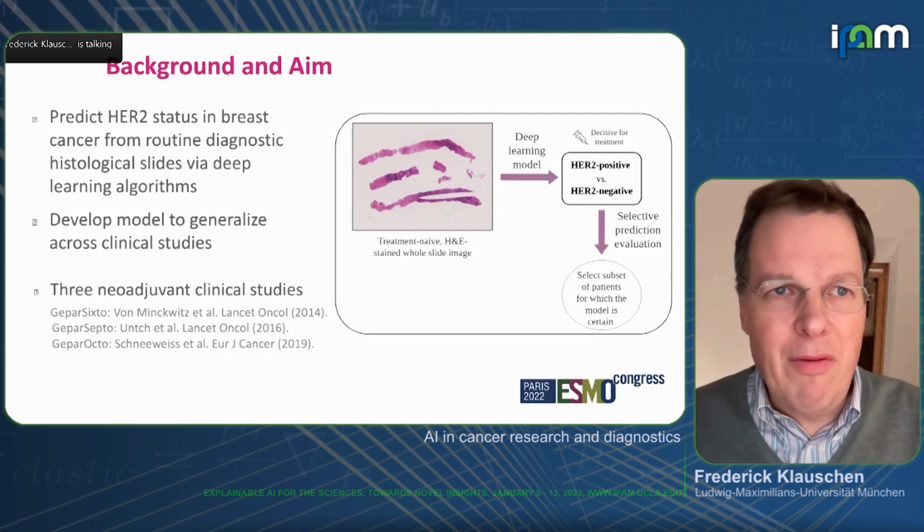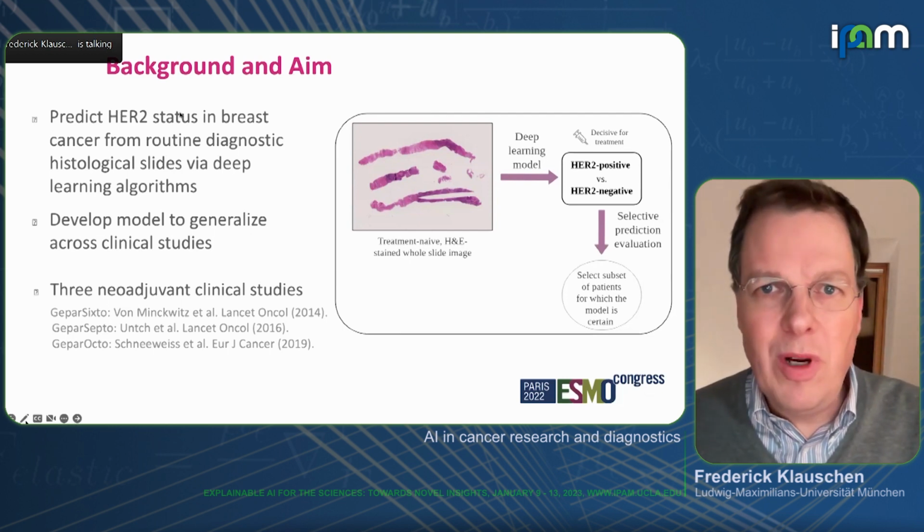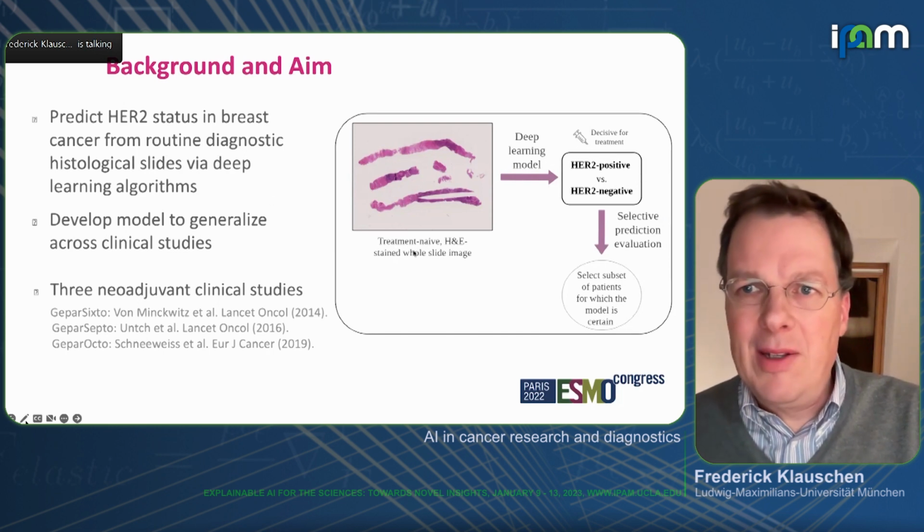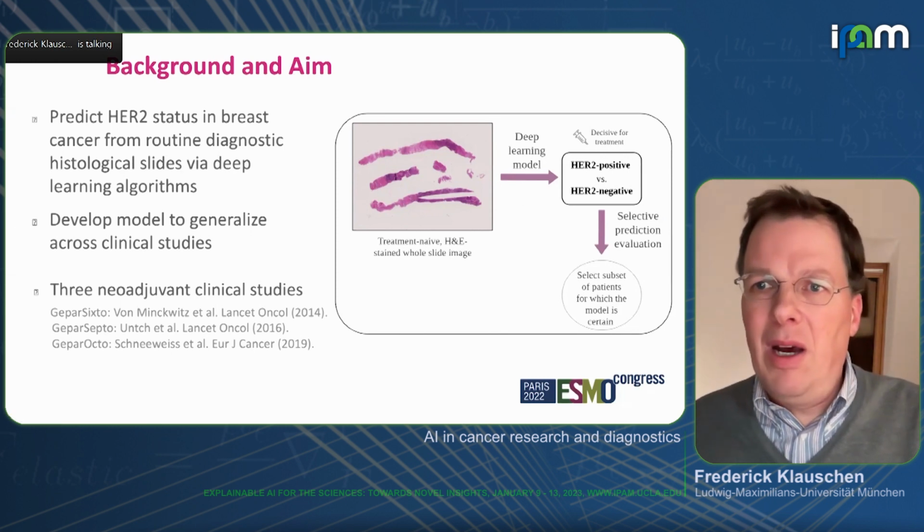You can basically have a drug targeting this HER2, and then patients benefit from this drug if this molecular property is found in their tumors. And so basically what Miriam did is train a model to differentiate between HER2 positive and negative tumors.